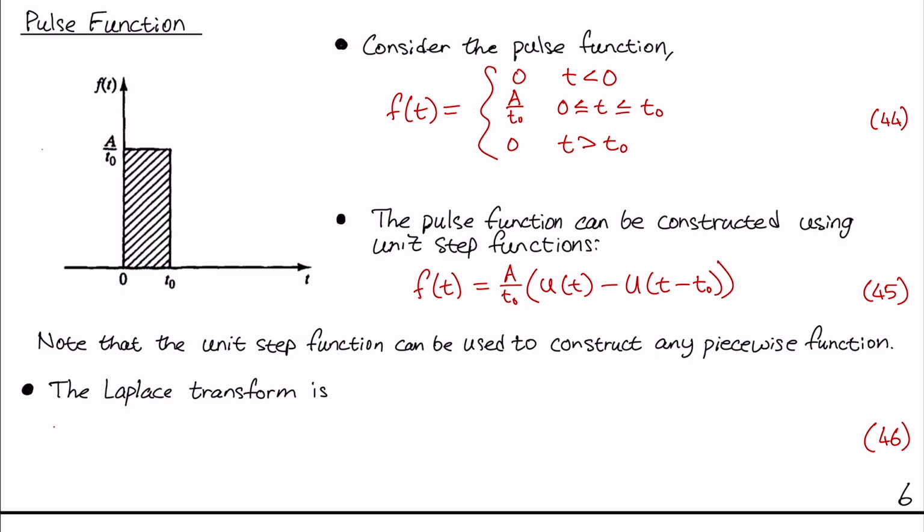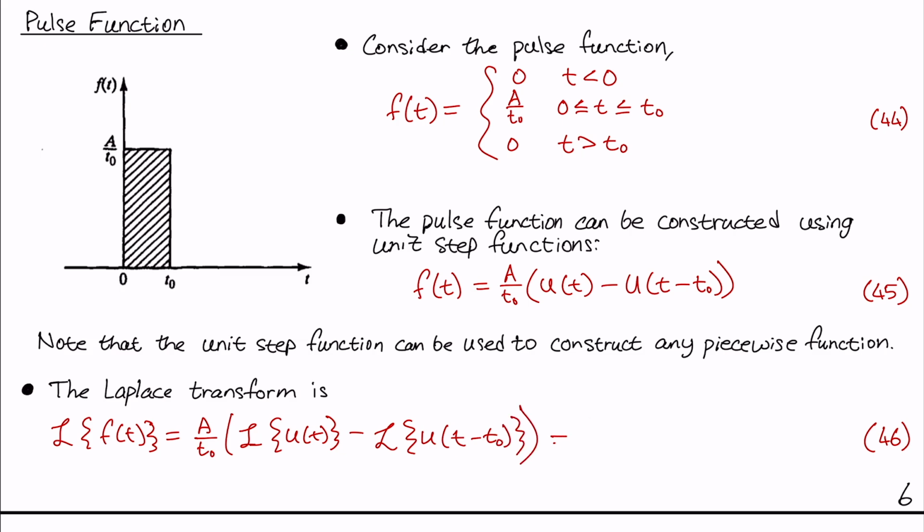So in this case, the Laplace transform L of f of t is going to be equal to A divided by t0, which is just some constant, so we can pull that out, times the quantity Laplace transform acting on this u of t minus Laplace transform acting on the translated step function u of t minus t sub 0.